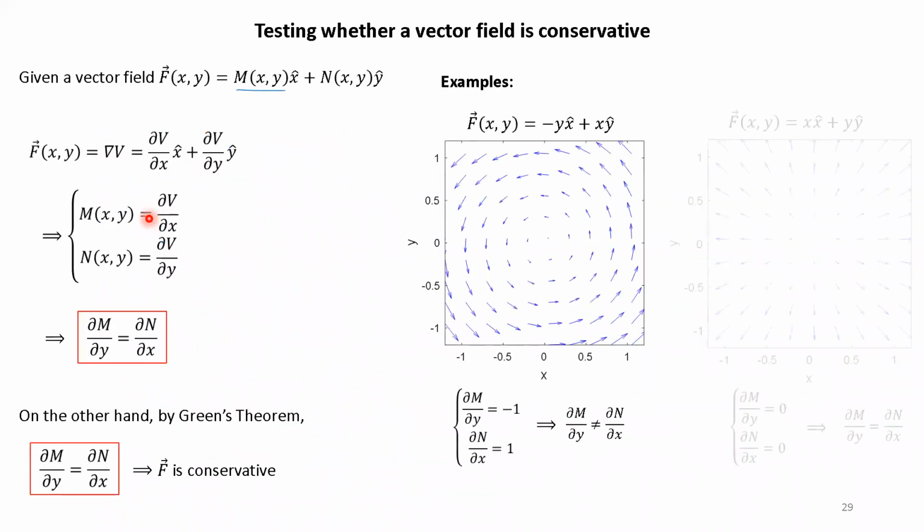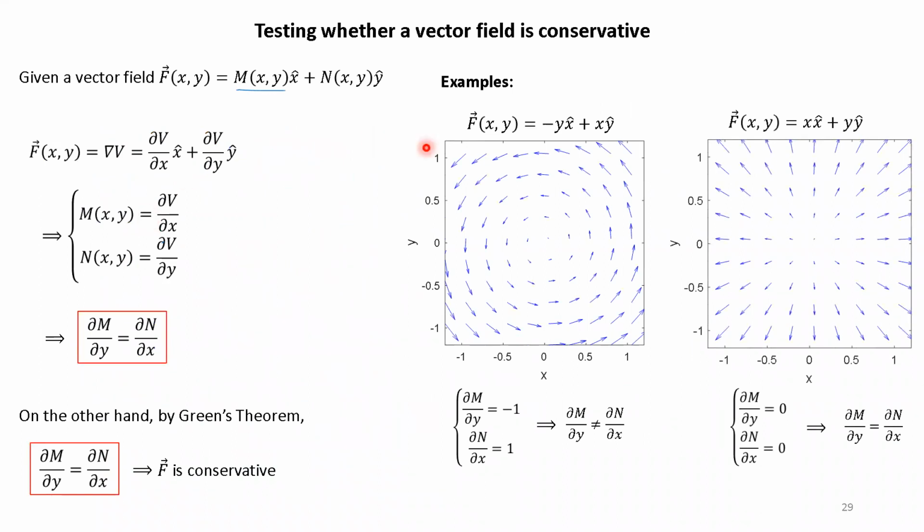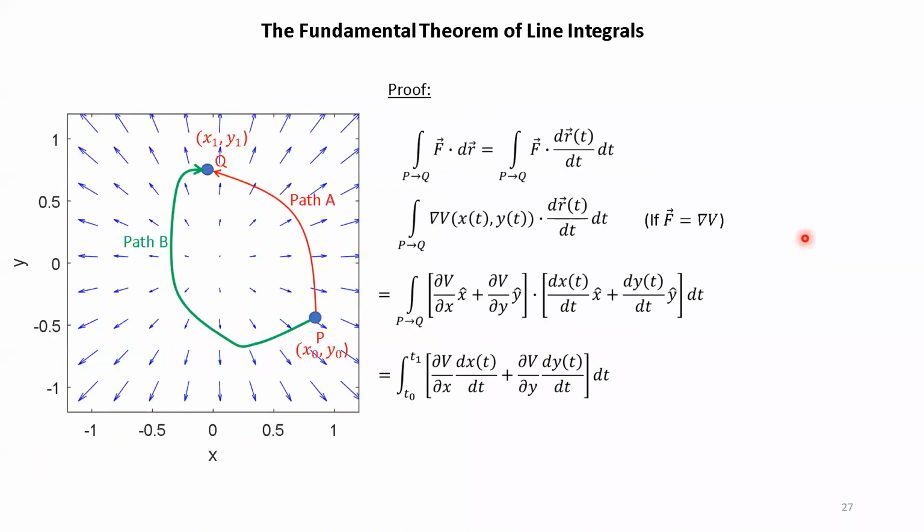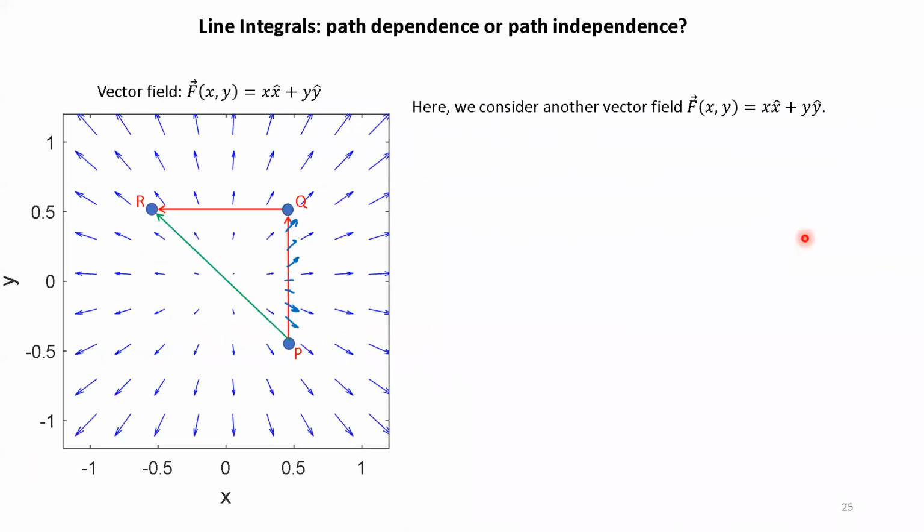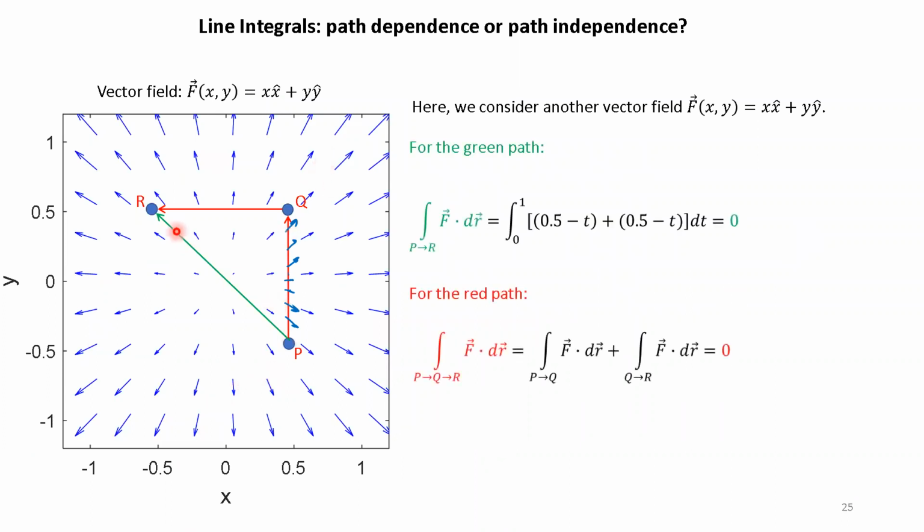So everything is consistent. On the other hand, in this other example I used, if you do this test to see whether partial M partial y is equal to partial N partial x, you see that they are equal. And this is indeed a conservative field. For this field, I had done two line integrals for two paths and saw that the results are the same.